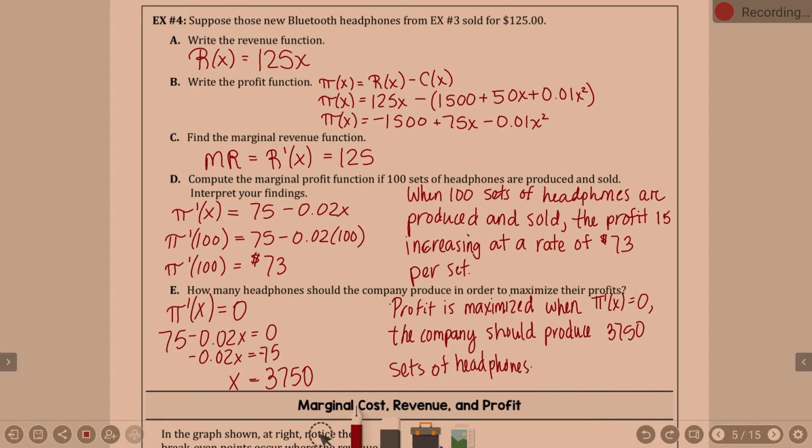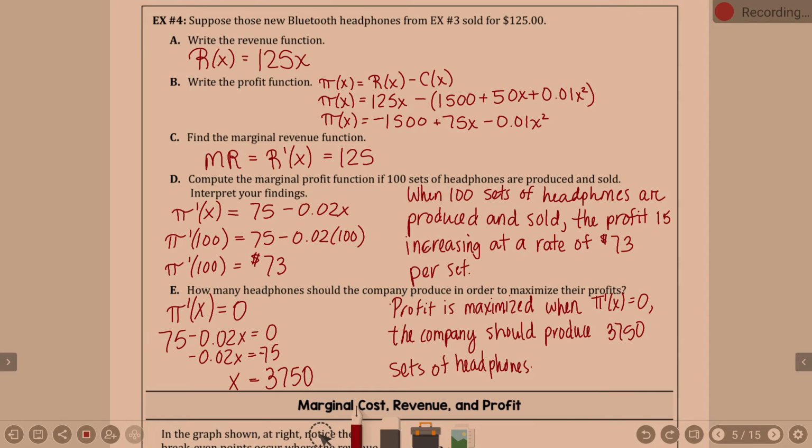Okay. Logically, how does that make sense? Are you trying to make as much money as you would have, like the number you would have had to subtract to find the profit?